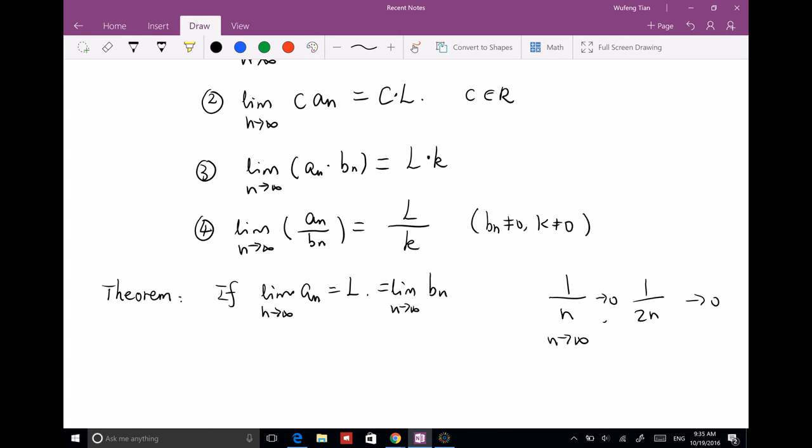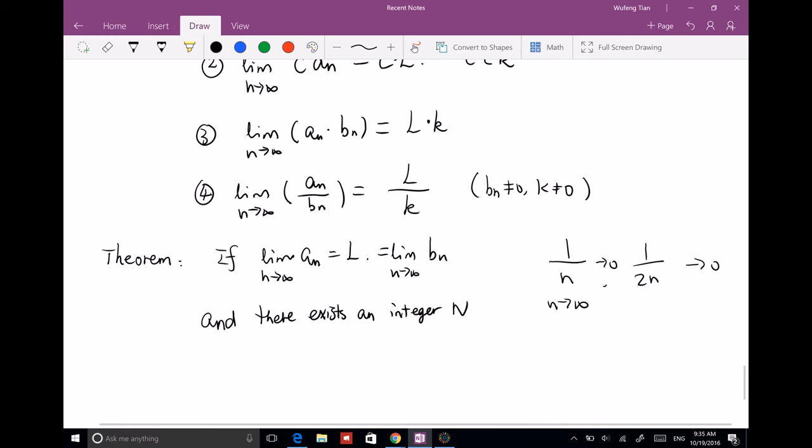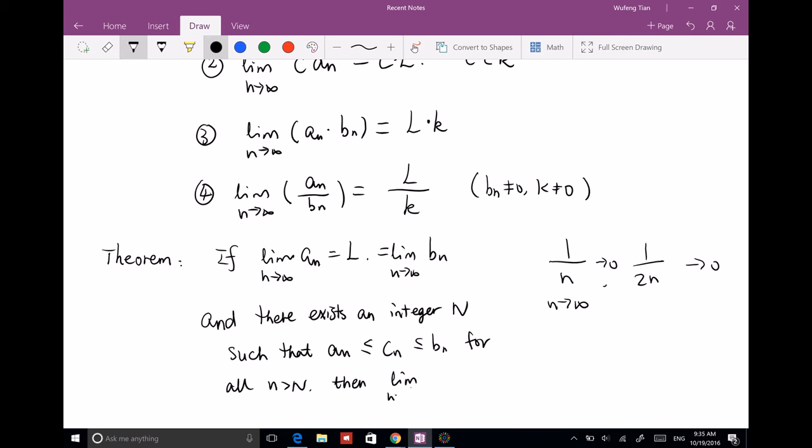Okay, and if both of them converge to the same L, and there exists an integer N such that an is less than or equal to cn, which is less than or equal to bn, for all n bigger than N, then the limit as n goes to infinity of cn equals L as well.